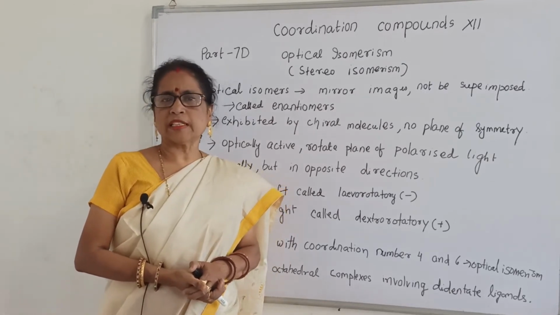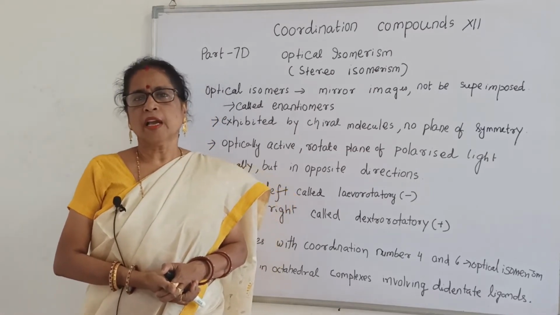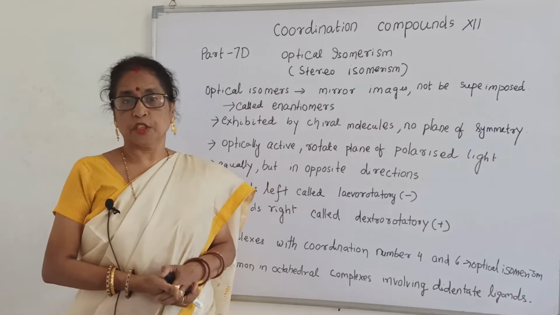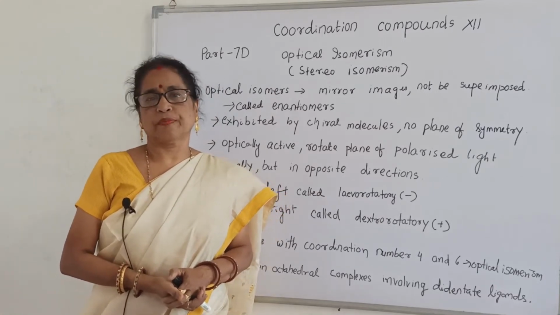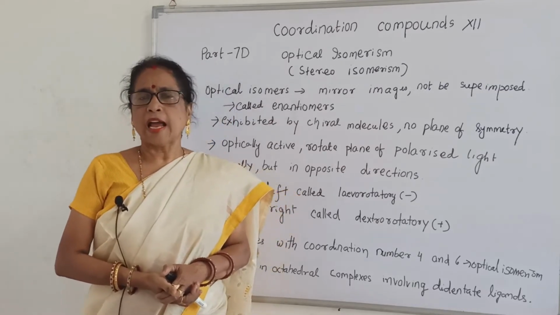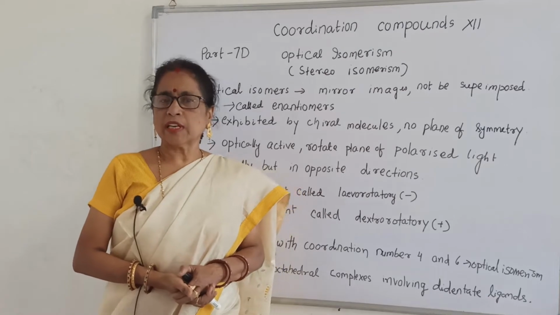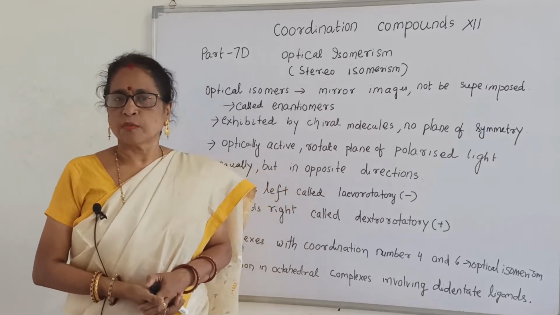I have explained in 7C, in two parts, what is meant by geometrical isomerism and what the examples are. I also explained the structures of the coordination compounds if the coordination number is 4 and if it is 6.